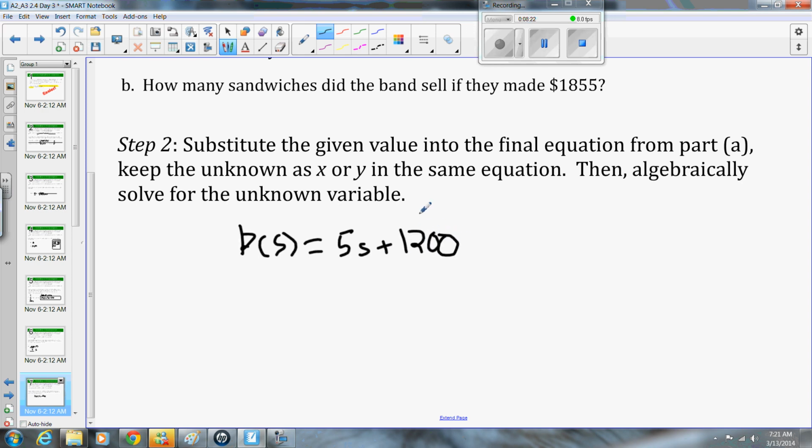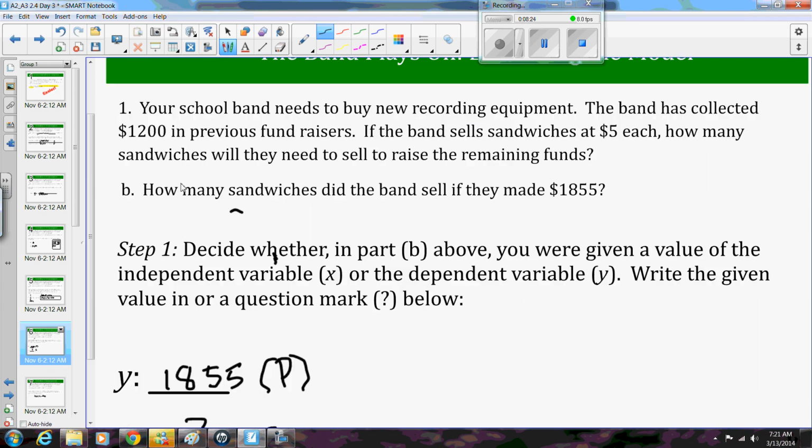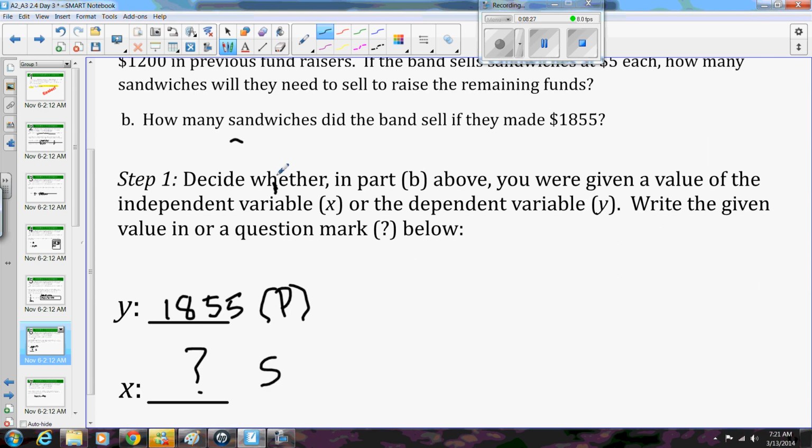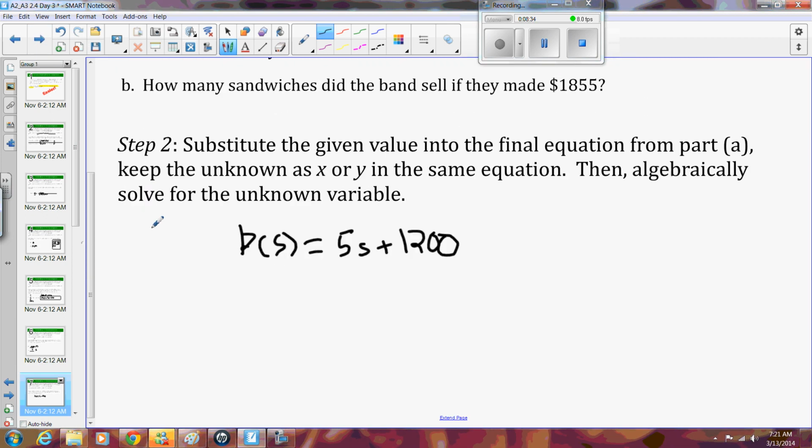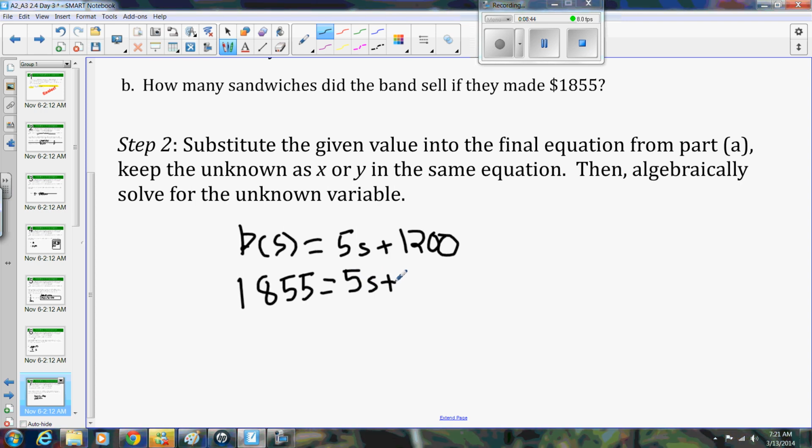I am given my known part of the problem in this question: how many sandwiches did the band sell if they made 1855? I plug that in for y, or in our case for P of s. And I'm saying, okay, my unknown is s, my known variable is 1855, and then I solve algebraically for s. Okay, so how do I do that?